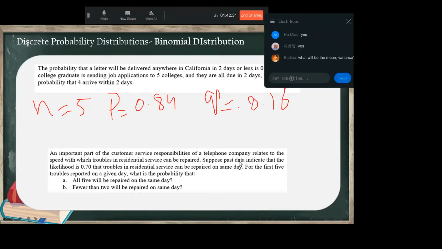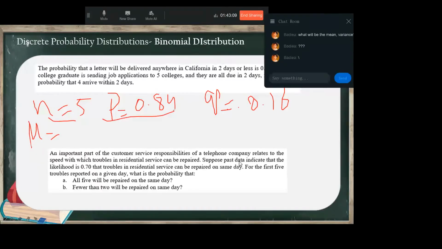Can you tell me the mean here? Hello, can you hear me? What will be the mu?